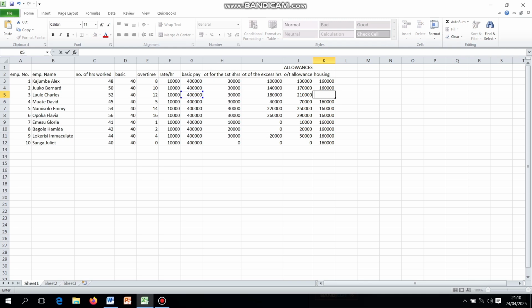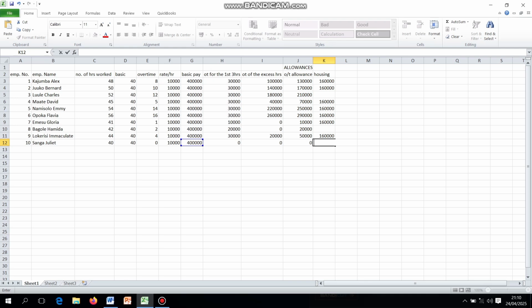Then employee number 8 we shall also remove him. And also employee number 10, we shall also remove him. Reason being, employees number 3, 8, and 10 were staying in the university houses and were each being charged 85,000 for utilities, that is power and water.